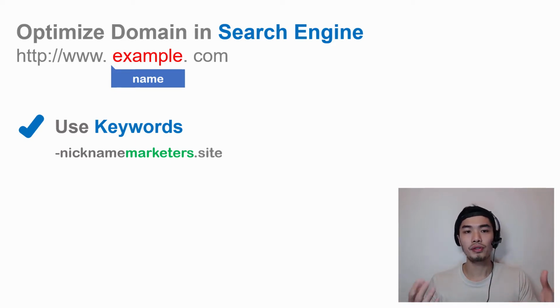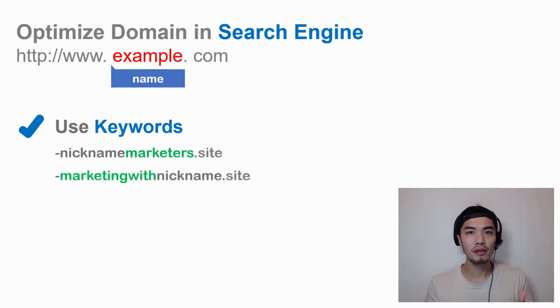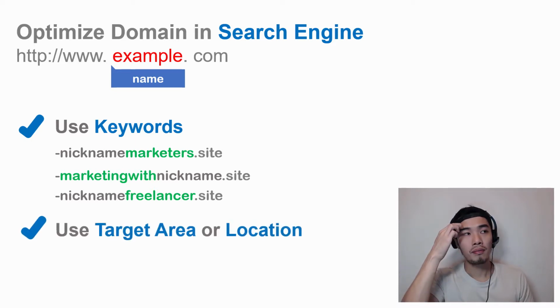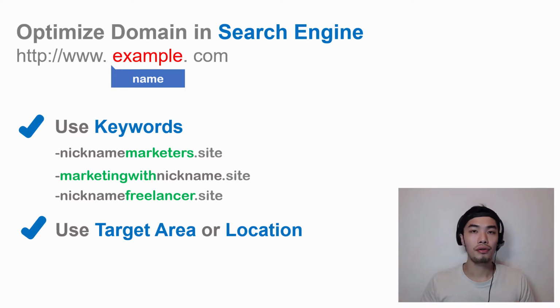My name is JB, so jbmarketer.site. Or you can put marketingwithjb.site or jbmarketingcorners.site. So try to improvise a bit on the name, but make sure it's not too long. Or if you are a freelancer, you can put jbfreelancer.site.